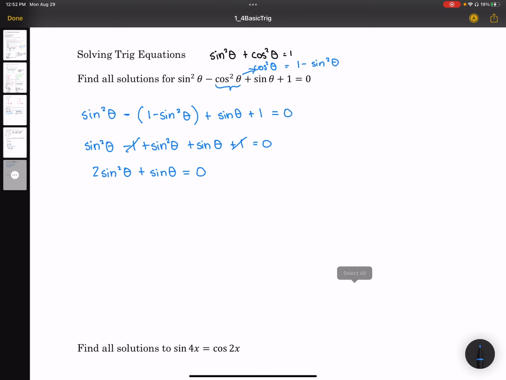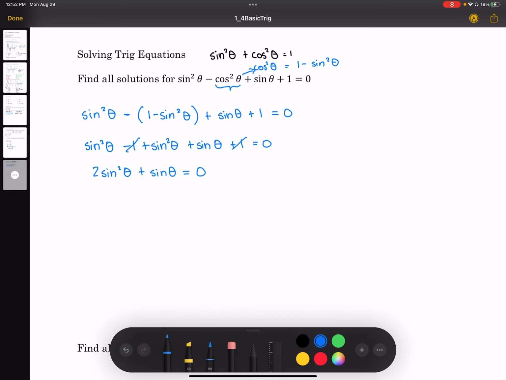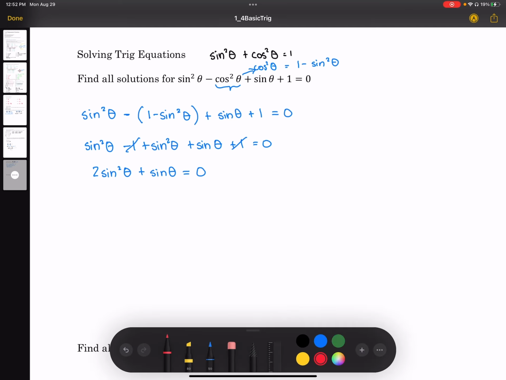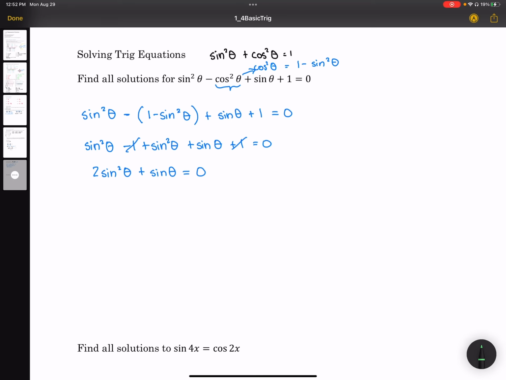So the first thing that we always do when solving an equation is look for a greatest common factor. In our case, both of these have a sine theta in common. So we can factor out that common factor of sine theta.